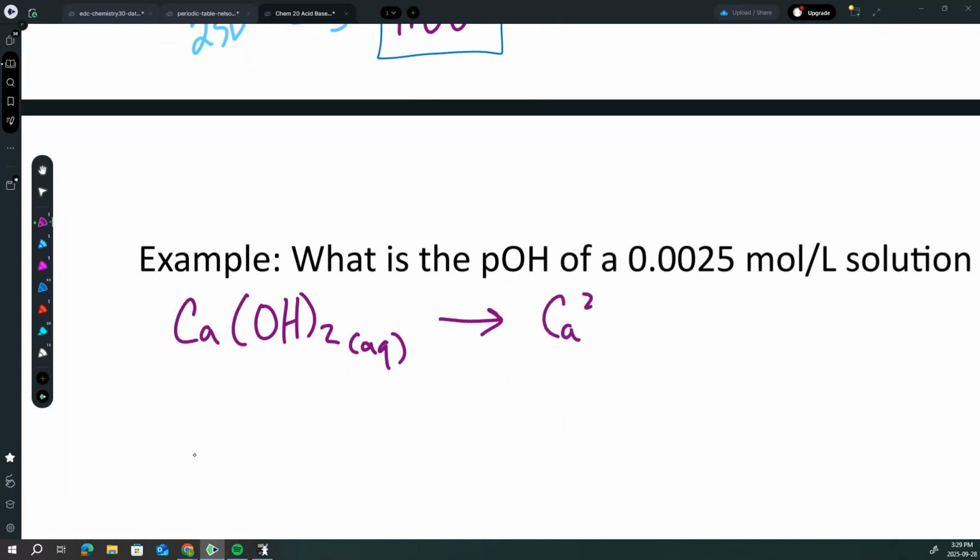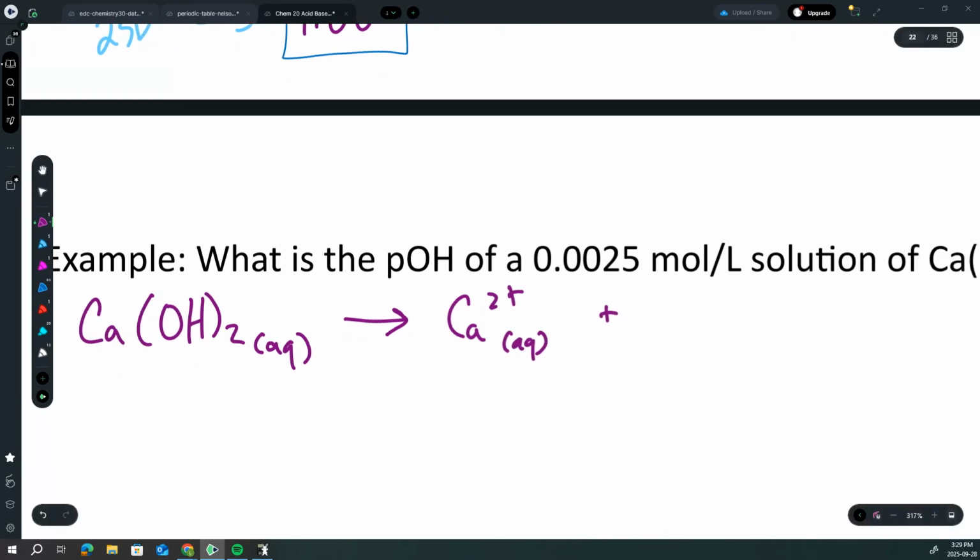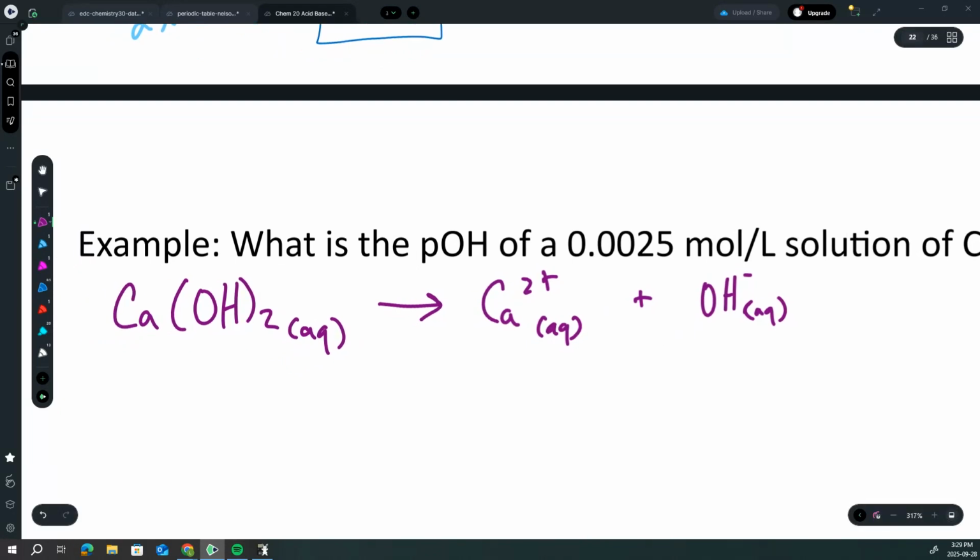So the first one is calcium, and then my anion is going to be our hydroxide ions. At this point I need to balance, so we have one calcium going in, one calcium coming out, two hydroxides going in, so we have to have two hydroxides coming out.